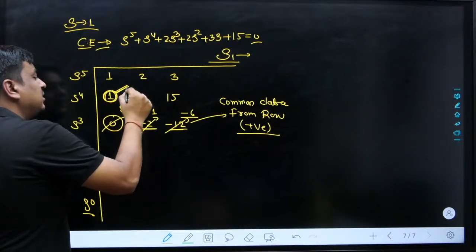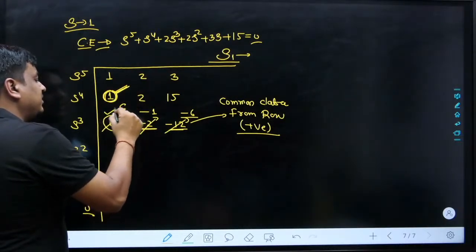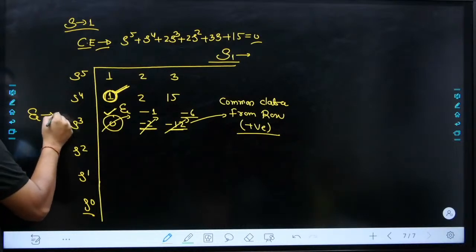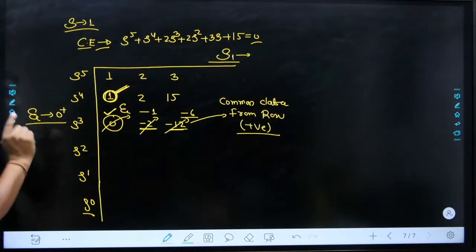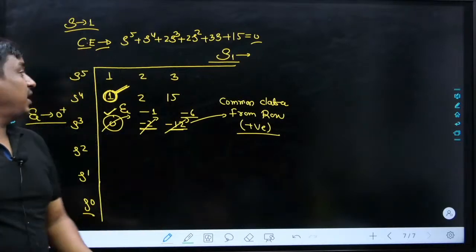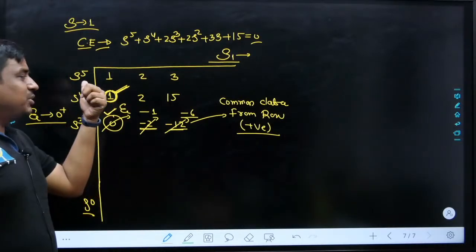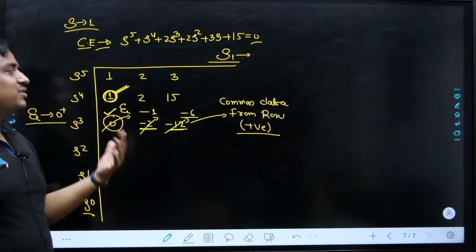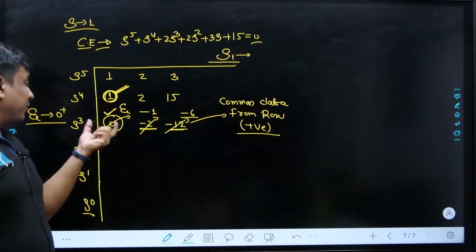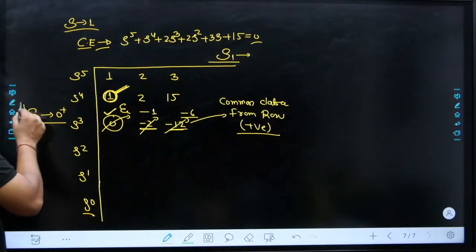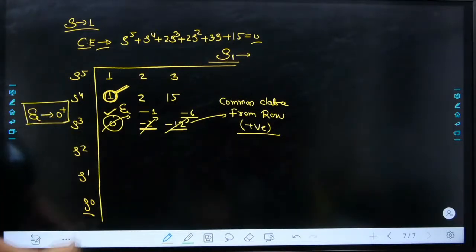One says zeta has to be positive, the other says zeta has to be 0. So in future, zeta would be taken as 0 plus. Keep in mind, 0 plus and 0 minus make huge differences. So the sign would come from the coefficient just above the special case 1, and the magnitude would come from the first component, which has become 0. So in future, whenever required, I would keep zeta tends to 0 plus.